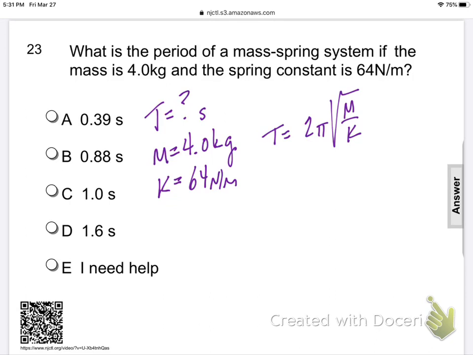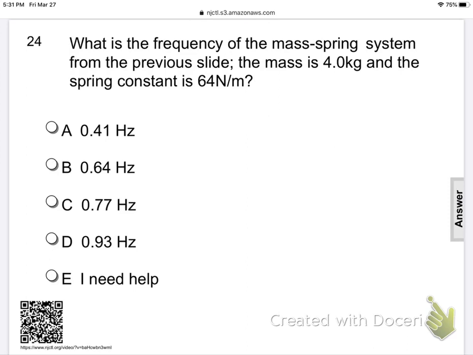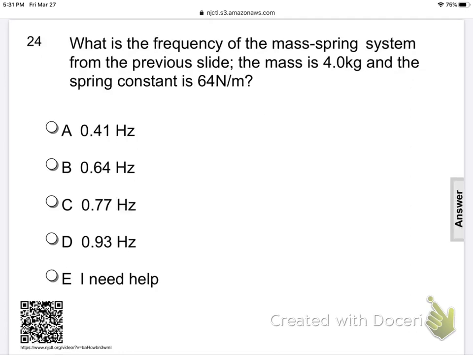We can plug in our m, our k, take the square root and multiply by 2 pi, and you get 1.57 seconds. So period equals 1.57 seconds.